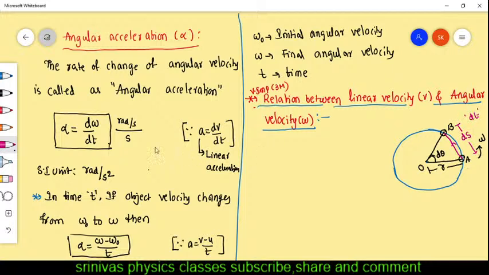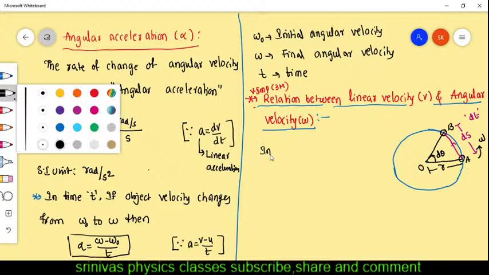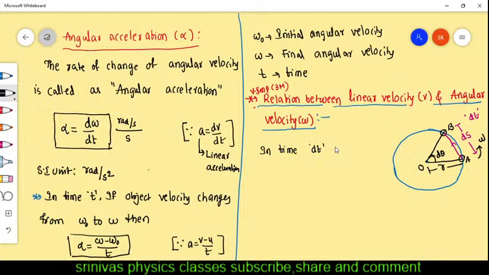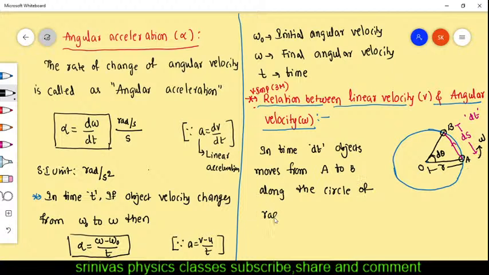It was very simple to understand here. In time dt, the object moves from A to B along the circle of radius small r, with angular velocity omega.